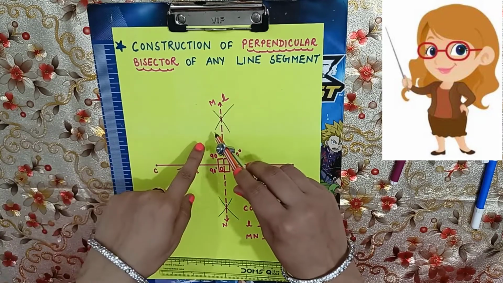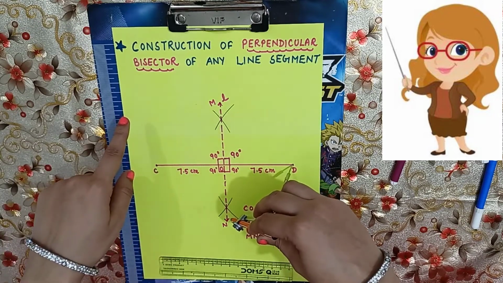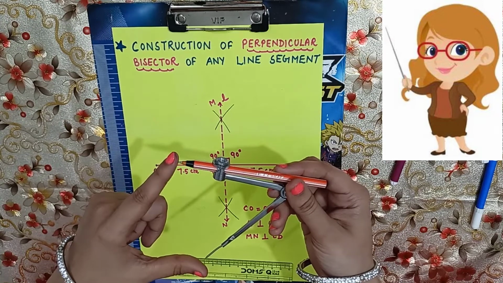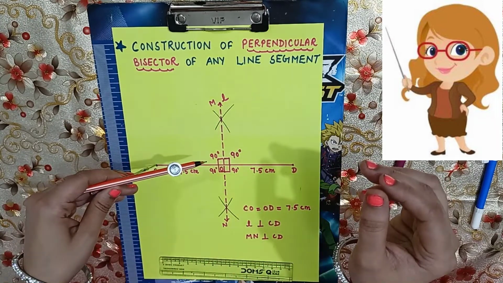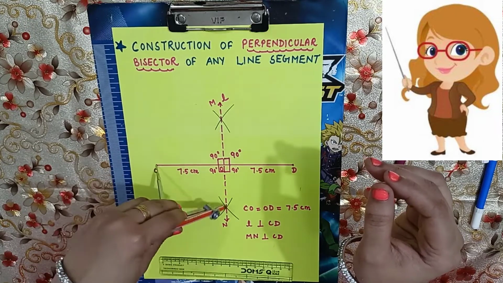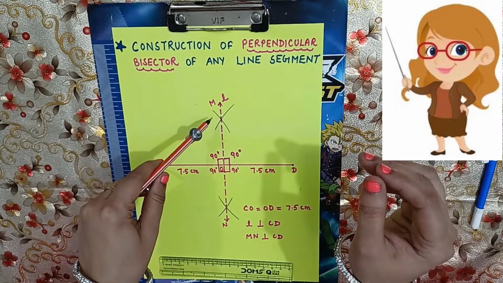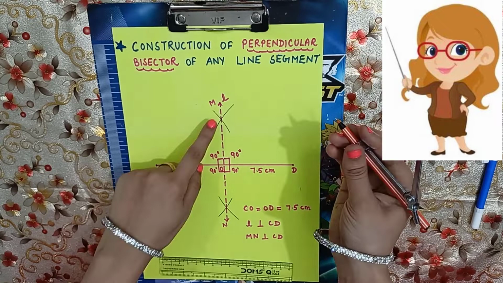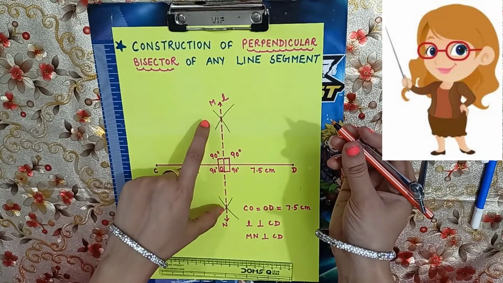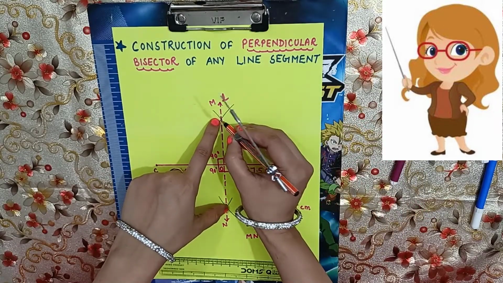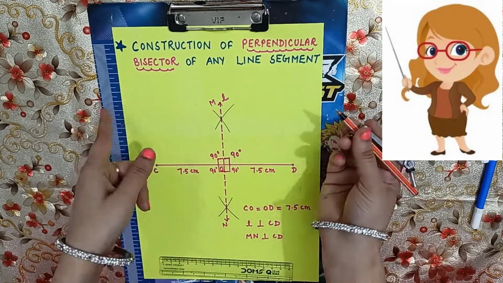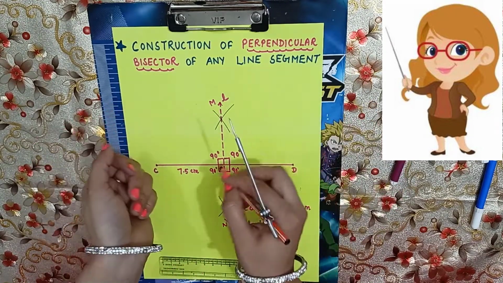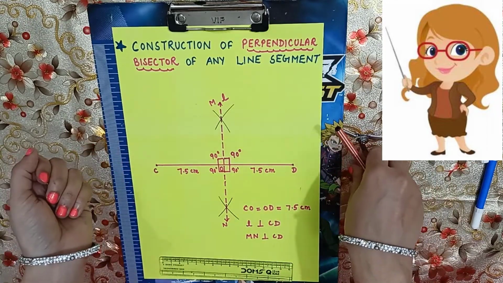After that, draw the arcs on both the sides, and without changing the length of your compass, just put it on another side and draw another arcs which cut the previous arcs. Then just join these two points wherever these arcs are intersecting each other, as I have joined. So this is just a simple way of drawing perpendicular bisector.